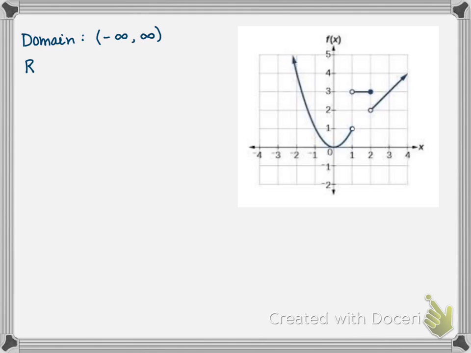So then let's talk about the range. We're going to do the same thing. We're going to go from bottom to top. What's the lowest point on my graph? 0. You think we should include 0? Yes. Because the only time you won't include a low or high point is if there's actually an open point.